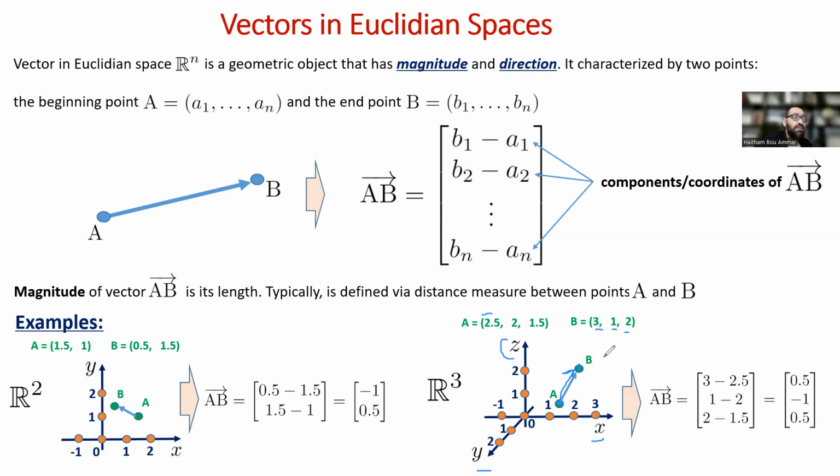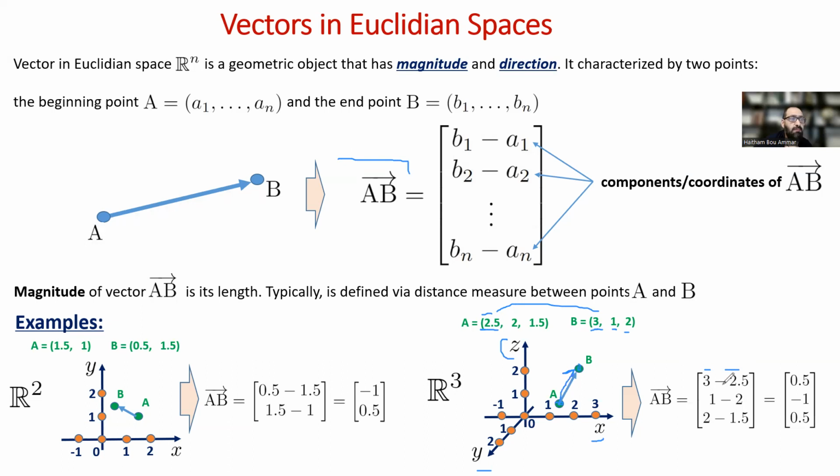Now the components of this vector, applying this formula here, will be: you take the first component of the endpoint, which is 3, minus the first component of the beginning point, which is 2.5.